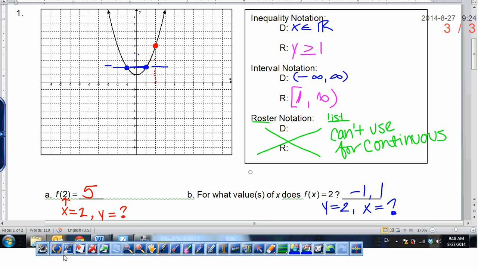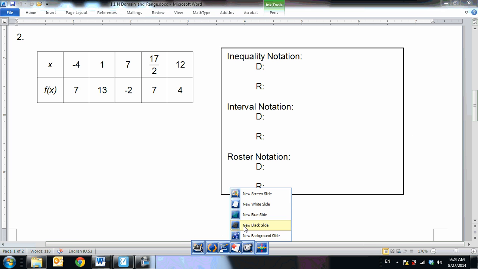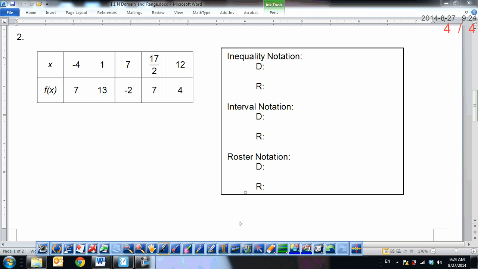All right, let's look at number 2. Would you say that this is continuous data? No. If I were to put this on a graph, what does it look like? Just points, right? 5 points. So this data is what we call discrete.